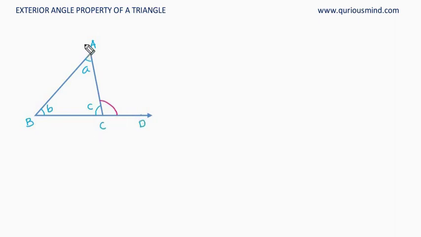No. If I extend this here, I will have one more exterior angle here. If I extend AC like this, I will have one more exterior angle. I extend AC this side, then I will have one more exterior angle here. So at every vertex, I will have two exterior angles.